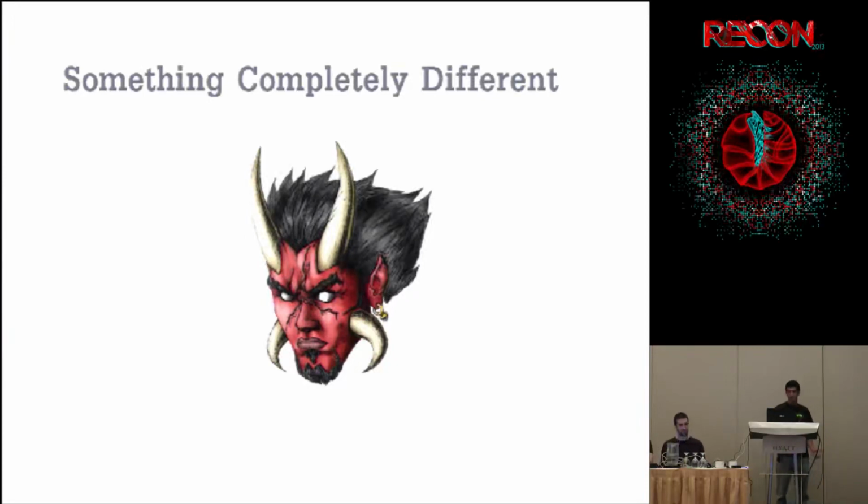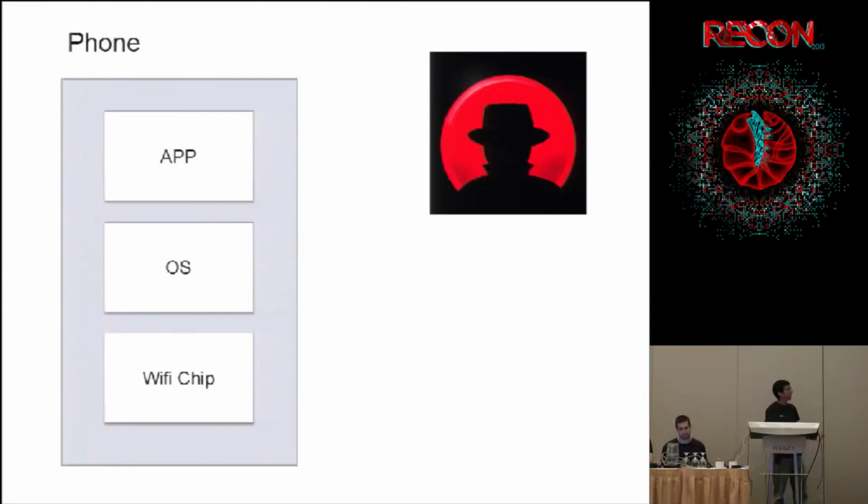What we have here is basically man in the middle, because we're at the chip level receiving all the packets that the phone sends and all the packets that it receives, and we can change whatever we want along the way. And so what can one do with such a thing?